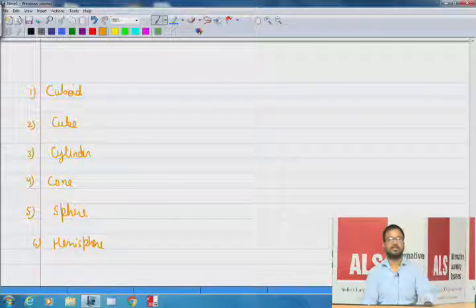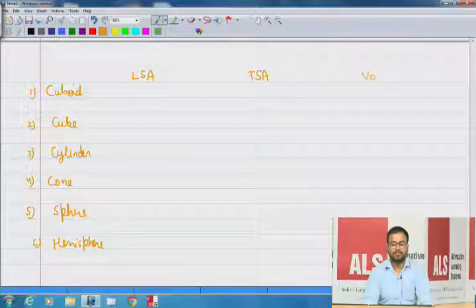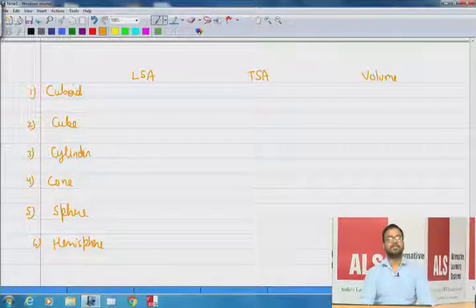These are the 6 solid objects. LSA, the lateral surface area. TSA, the total surface area. And the volume. These 3 things are there which we have to study.